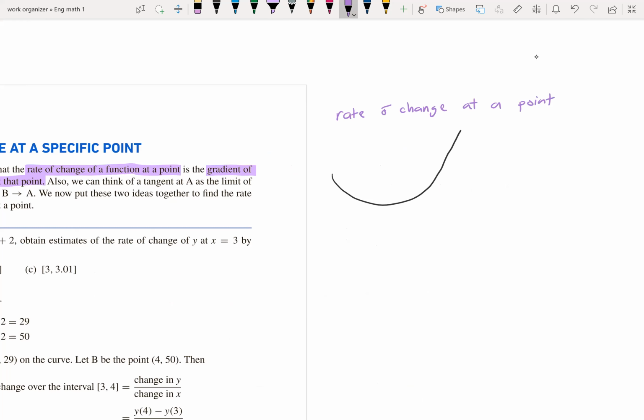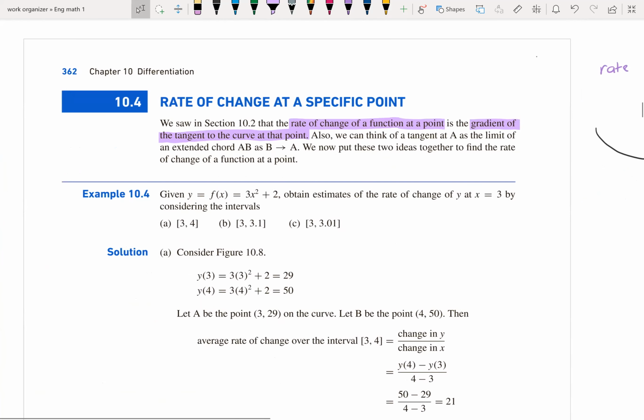So what we have to do is, let's say this is the point, we have to draw a tangent, and then find the gradient of the tangent at the point. Let's see the example here.